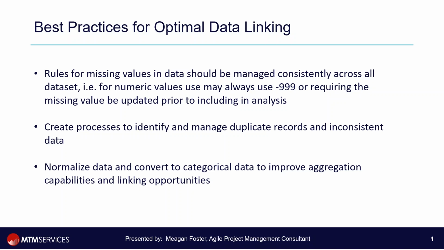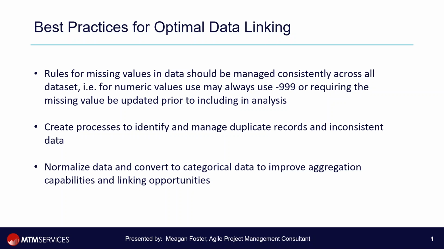You also want to look at creating processes to identify and manage duplicate records, inconsistent or erroneous data. So building in your strategy proactively to be able to identify and manage these common errors, which include duplicate records and inconsistent or erroneous data.